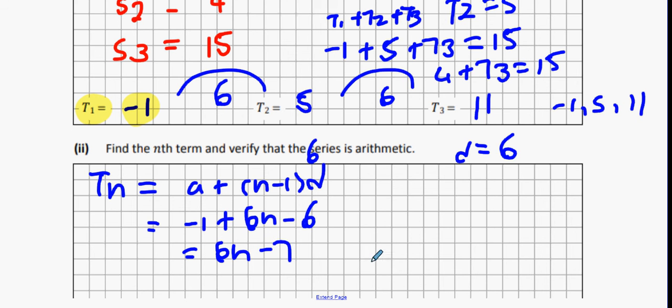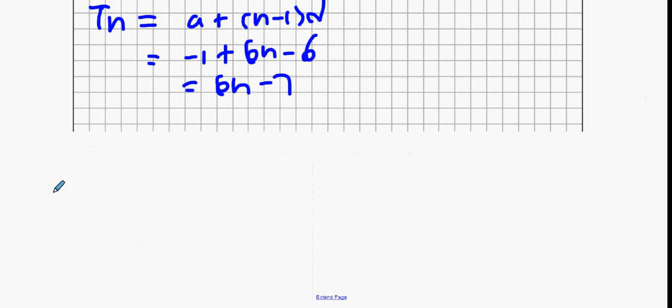Now, the way to prove that a series is arithmetic is that the difference d will be the same for Tn minus Tn minus 1. We're expecting the value to be 6, so the gap should be 6. We already know that Tn is 6n minus 7.